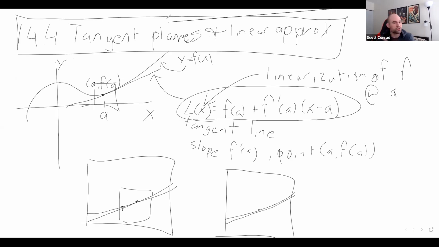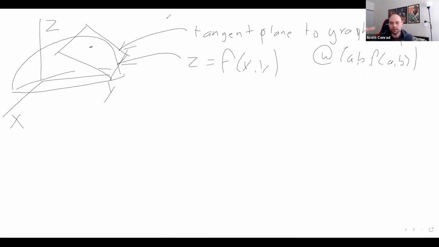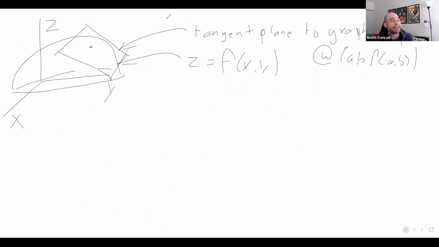And if you zoom into your graph at the point (a, b), the tangent plane and the graph of the function become indistinguishable. That's true for nice functions, and we're mostly only going to be dealing with nice functions in this class. They have a whole section on what that means at the beginning of 14.4. It has to do with differentiability, but we're not going to concern ourselves too much with that.